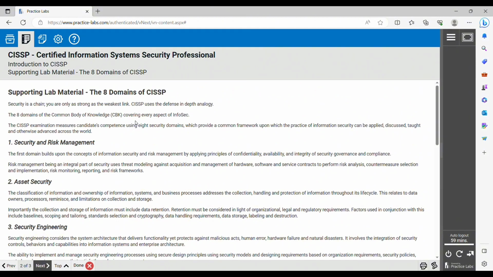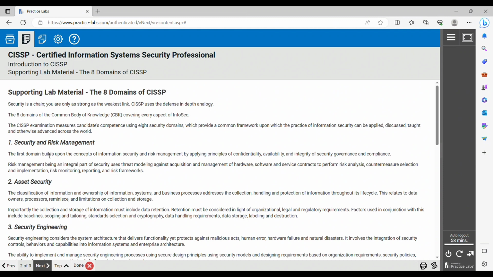The CISSP examination measures candidates' competence using 8 security domains, which provide a common framework upon which the practice of information security can be applied, discussed, taught, and otherwise advanced across the world.